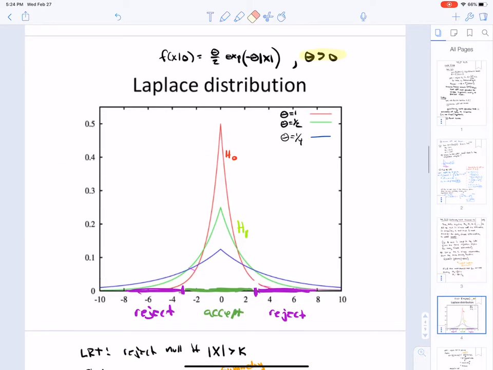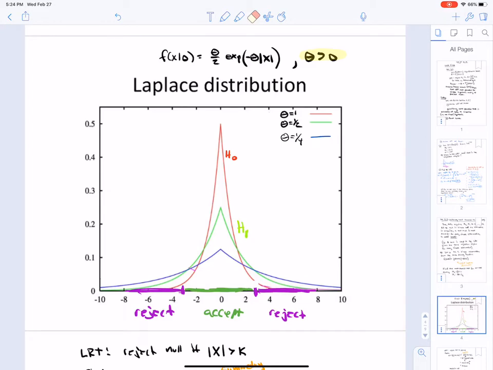So we can just look at this picture, ignore the blue curve, just look at the red and green curve. You can see that the rejection region is going to be in the tails because in the center the null distribution is higher than the alternative distribution.